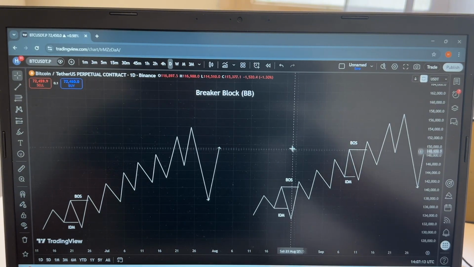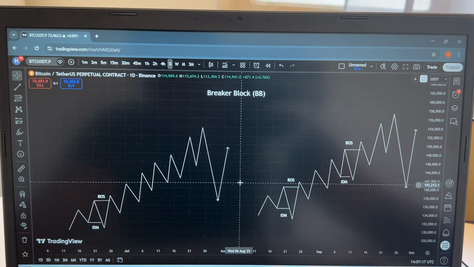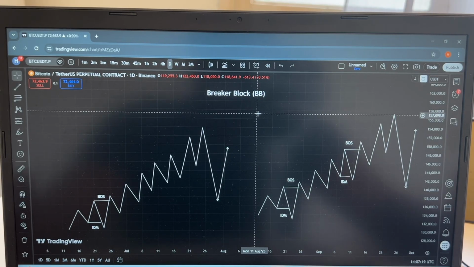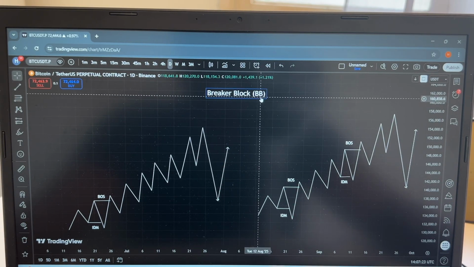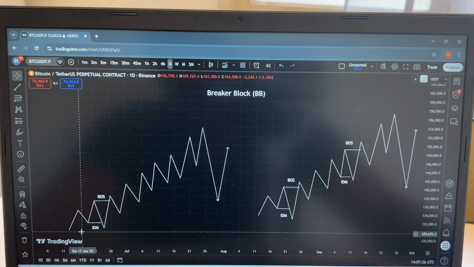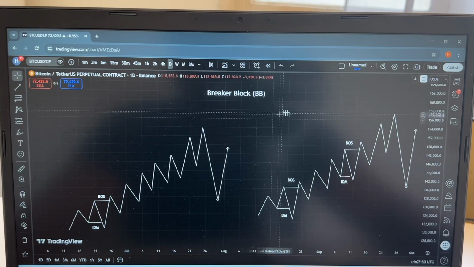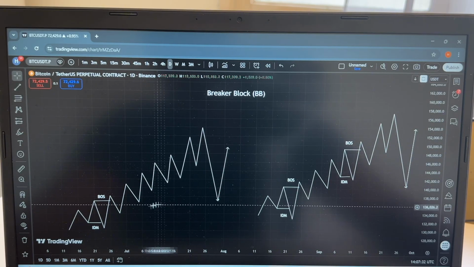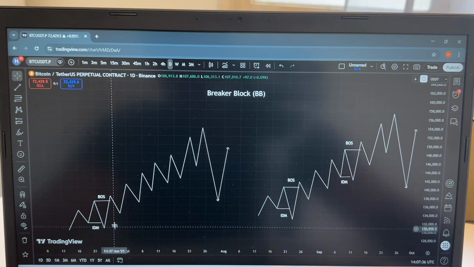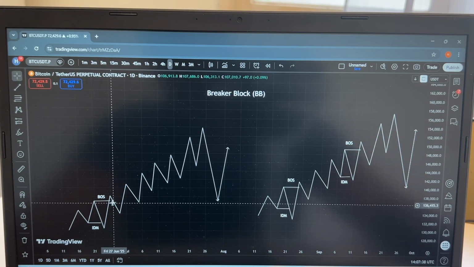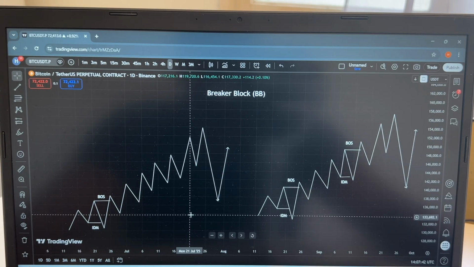And lastly, I'm going to talk about something extremely powerful, and it happens on rare occasions, something called a breaker block, BB. Okay, so in an uptrend, there can be two scenarios, two types of breaker blocks. In one scenario, the market makes high highs, high lows, high highs, and then it makes a BOS, confirmed BOS, and the market keeps on pumping up without coming back for a retest.